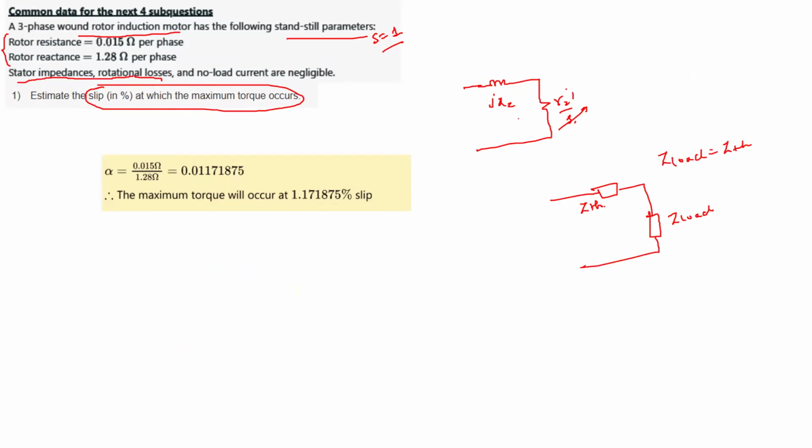So here also R2 dash by S should be equal to X2, which means S should be equal to R2 dash by X2, which we have denoted as alpha. So this is the value of slip at which the maximum torque occurs. It is just the ratio of R2 and X2, which will give you a slip of around 1.17%. It's a very simple question.